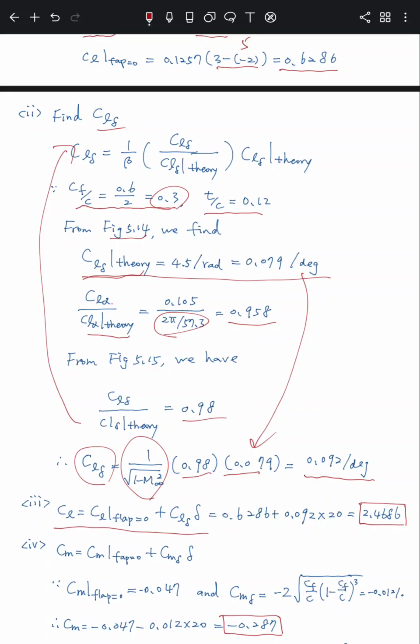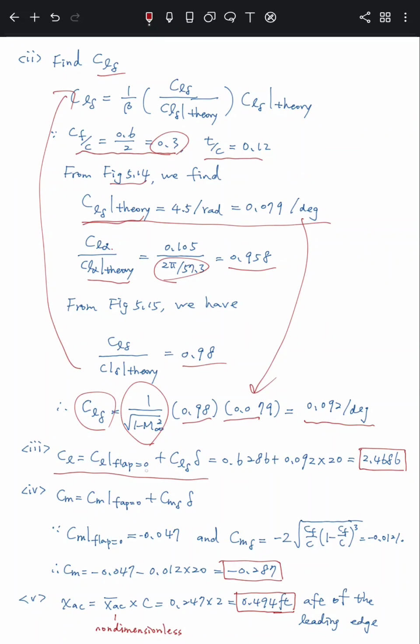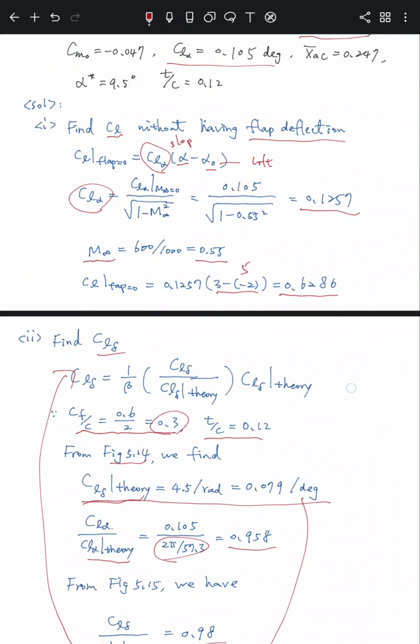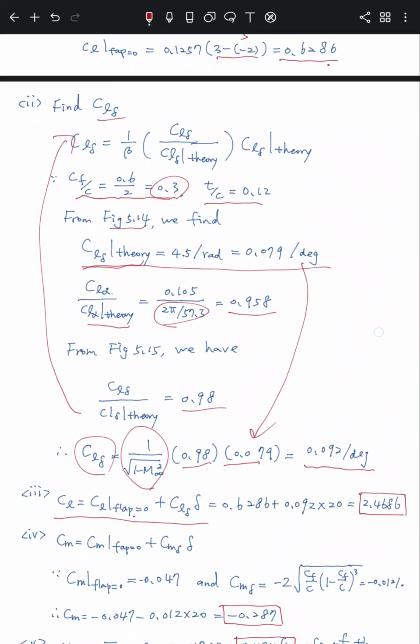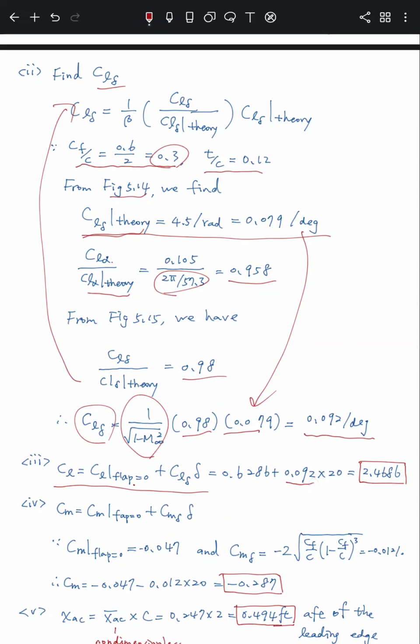The third step is to combine them together. This is the first term that we calculated here, and we add this because we need to multiply by our flap deflection, so we multiply by 20 degrees. This is our result.